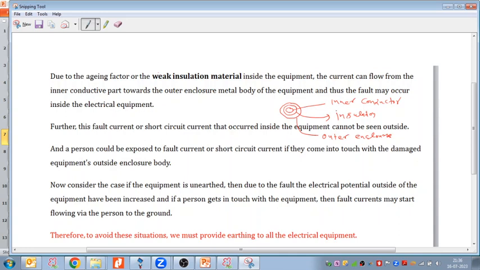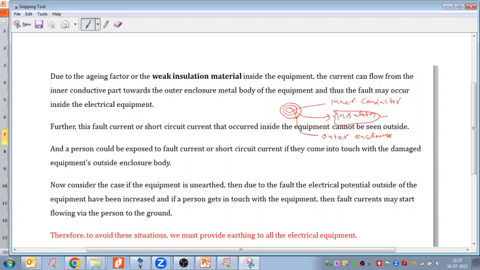If your insulation is weak due to the aging factor, or the material was not correct at the time of manufacturing, and the insulation fails, there is a possibility of current flowing from the inner conductor, the inner metal, towards the outer metal.